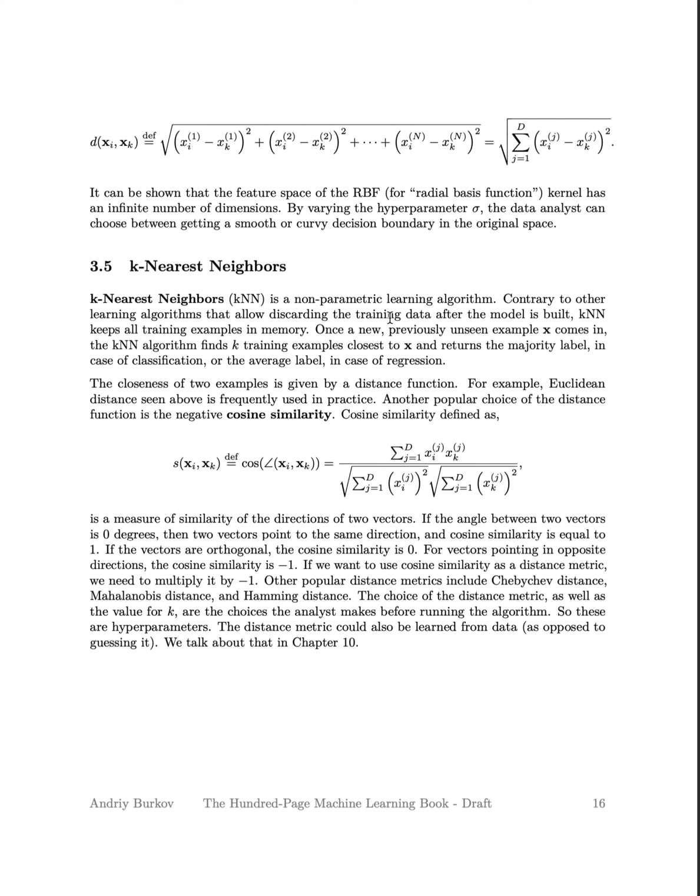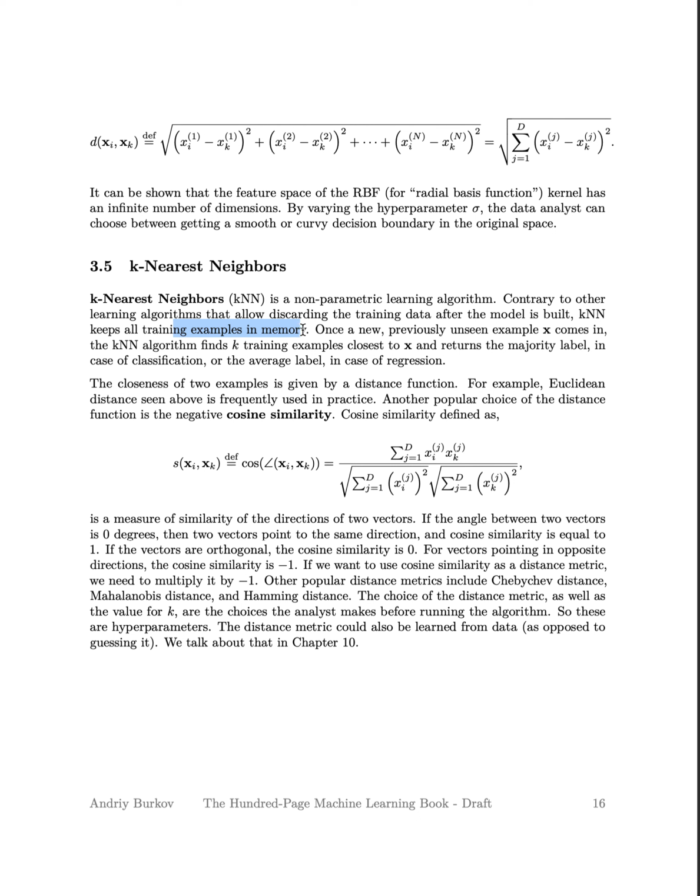And next we have k nearest neighbors. K nearest neighbors is a non-parametric, instance based learning algorithm. As I said before, it will not discard the training data after the model is built.